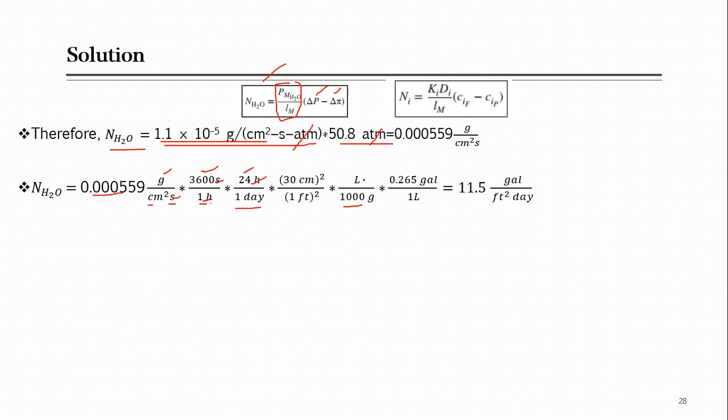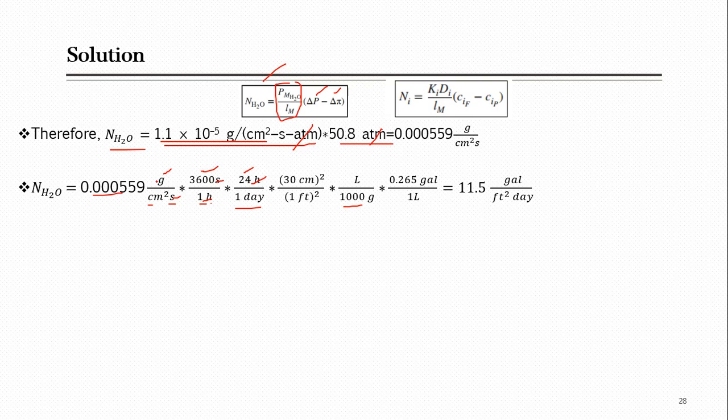By the way, here I have used the general value of 1000 gram per liter, but if you want to go more accurate, you can look at the density of water at the given temperature of 25 degrees C. I think it will be close to 1000, not exactly, but close, and that can be used.